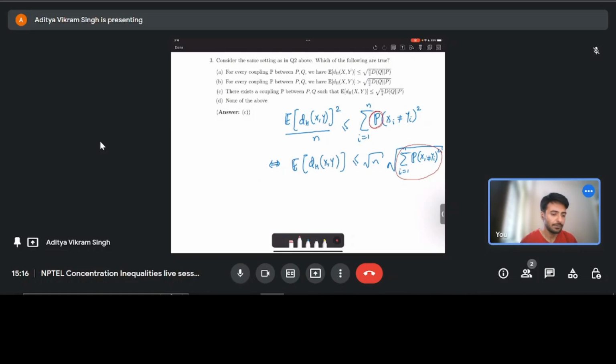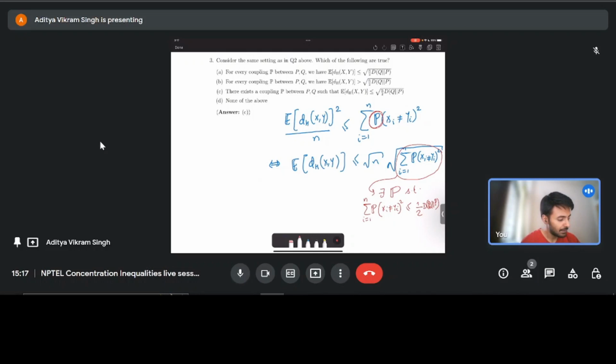So this inequality is true for every coupling, and now we know that there exists some coupling P such that the sum of squares of probabilities of disagreements is less than or equal to 1 by 2 the KL divergence between Q and P. And why is it Q and P?